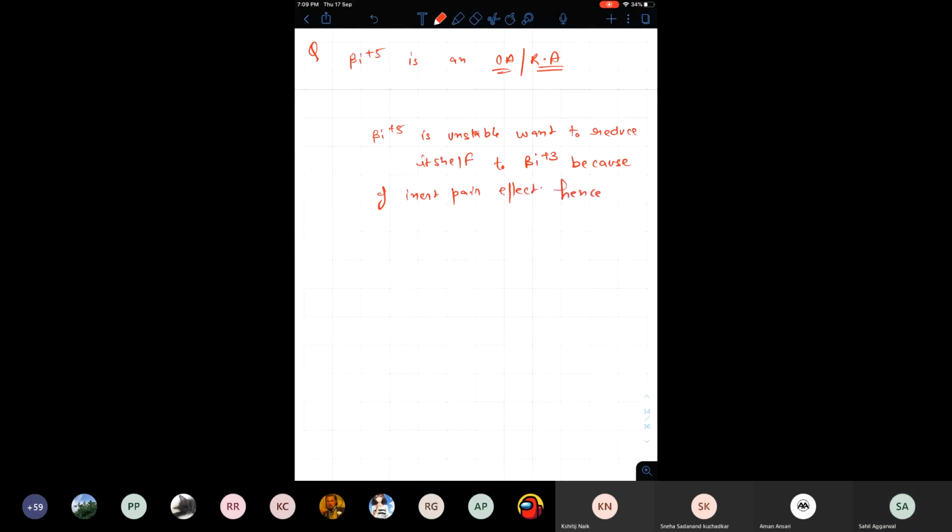Hence, it is a good oxidizing agent. Understood?